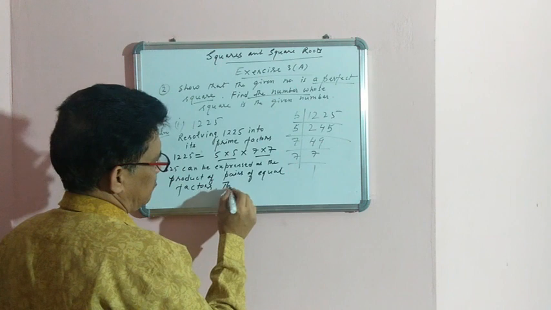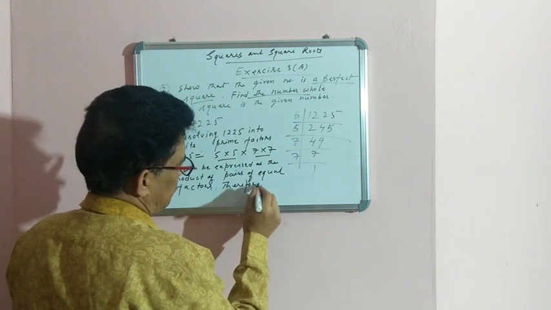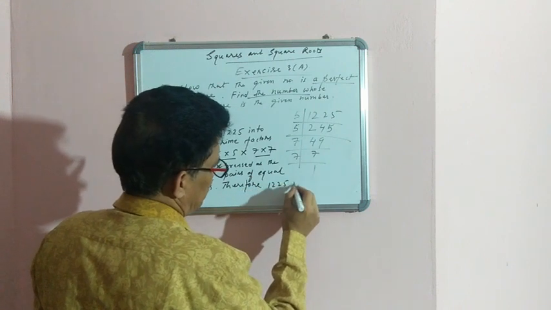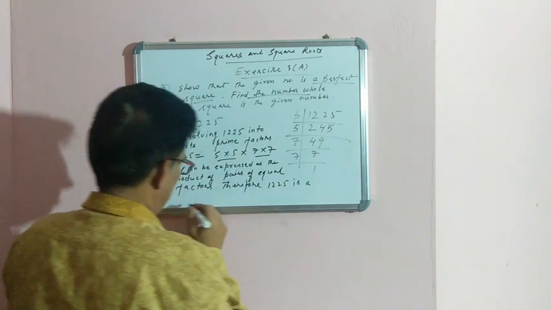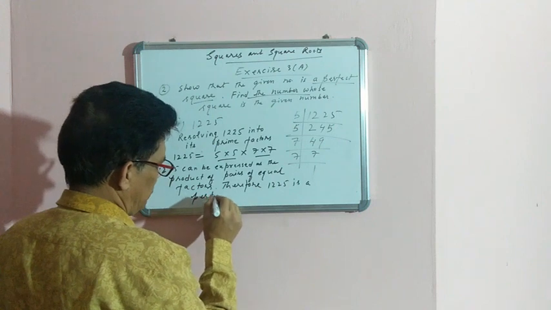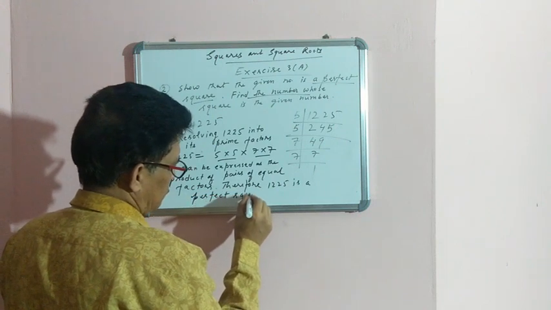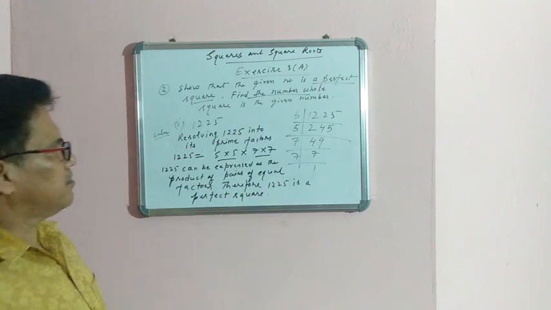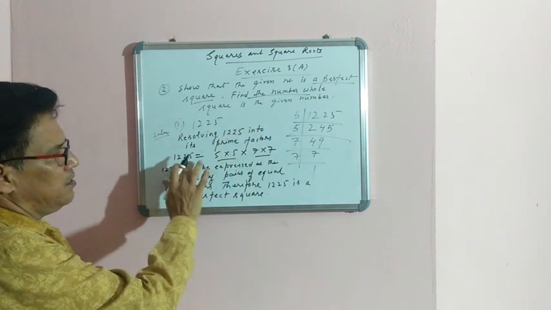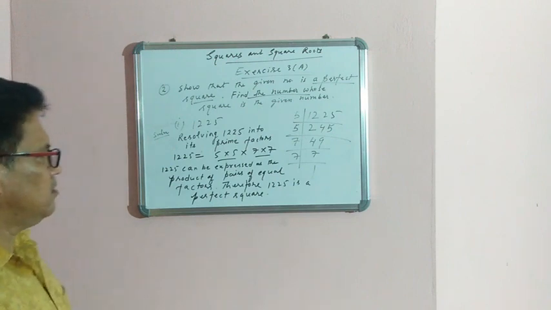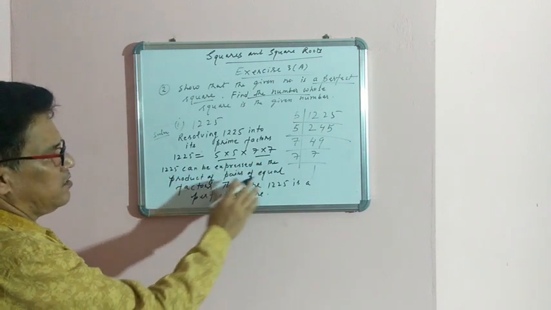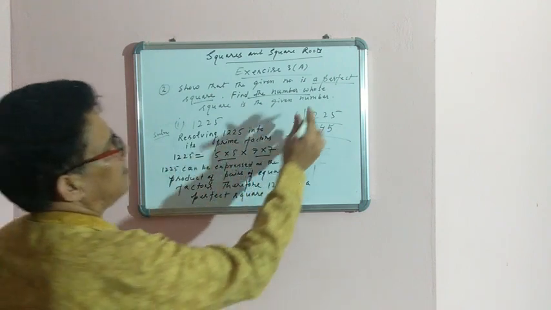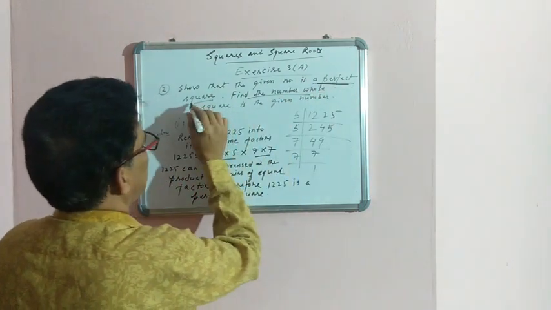Therefore, 1225 is a perfect square. What we have done? We have resolved into prime factors, done the prime factorization as in the first question. Now it can be expressed as the product of pairs of equal factors. Therefore, this is a perfect square. Now this part we have proved.